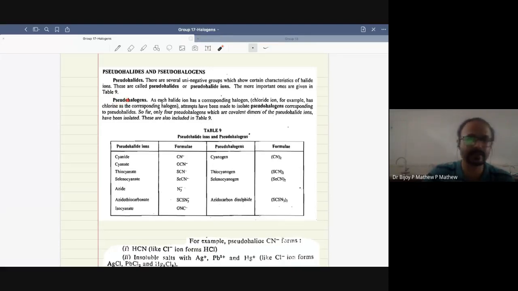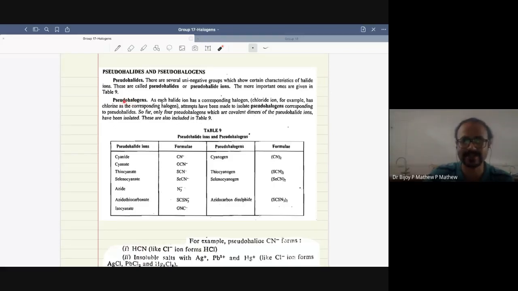If we look at the name, it is not a halogen, but since it is called halogen, it has some similarity to a halogen molecule, and that's why the term pseudo halogens came.